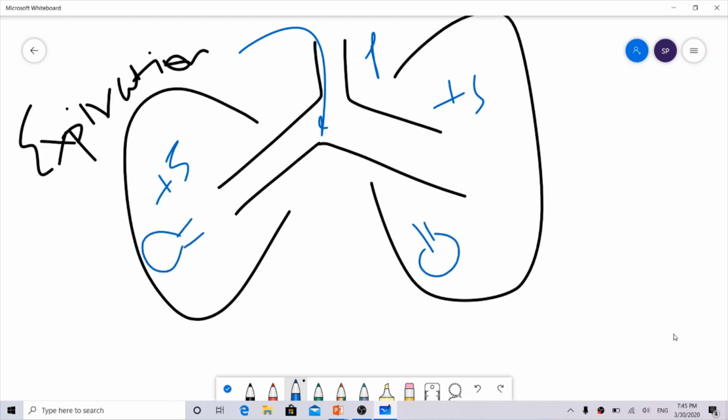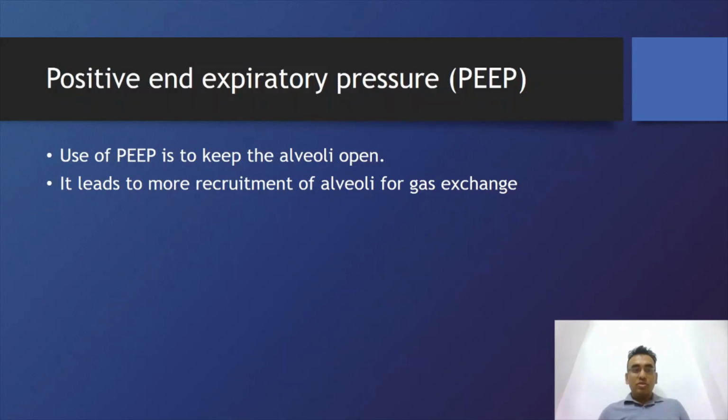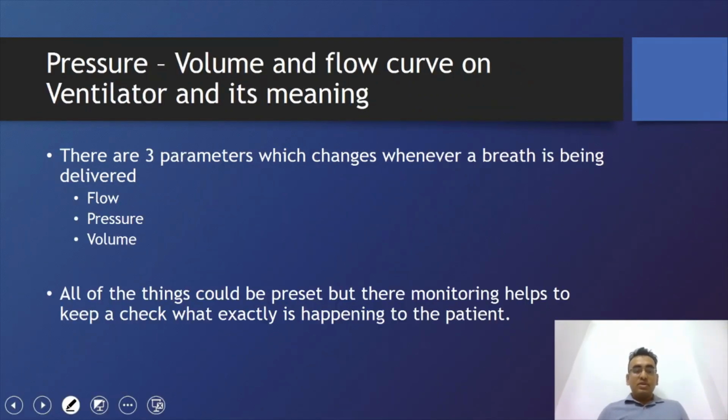So when the alveoli remain open, they do not fall, and you get more time for gas exchange. So that is the importance of PEEP. The use of PEEP is to keep the alveoli open, and it leads to more recruitment of alveoli for gas exchange. Now we'll be discussing the pressure, volume and flow curves on the ventilator and their meaning.